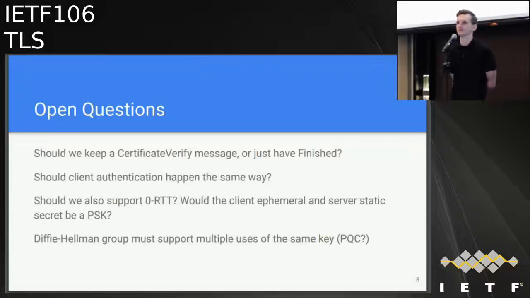This question about certificate verify versus finished turns out to be a philosophical problem. And if Hugo Krawczyk were here, what he would tell you is that the reason you have to have certificate verify is because you are using the long-term Diffie-Hellman key to authenticate the short-term Diffie-Hellman key, and so there's this question about circular dependencies between those two, and so finished uses both of them.